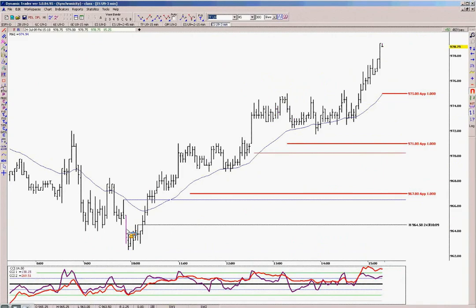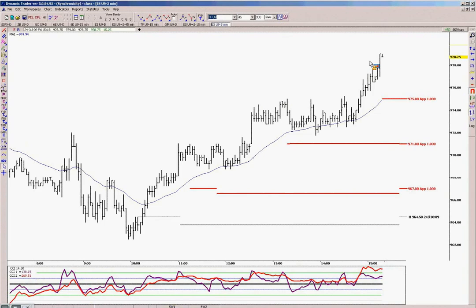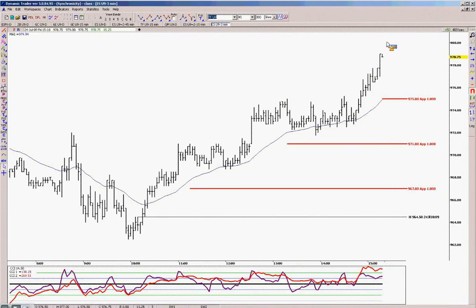Now, let's say initially I was using the symmetry of this largest declining swing on the left hand of the chart, but we got up to a 1272 extension target. You might want to trail it even tighter. That's what I would tend to do.